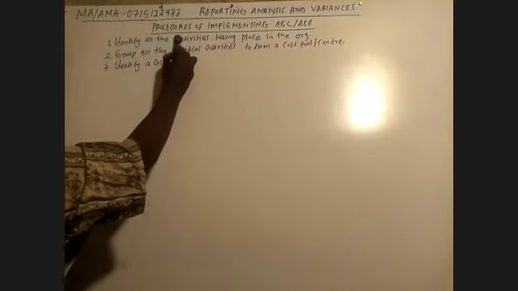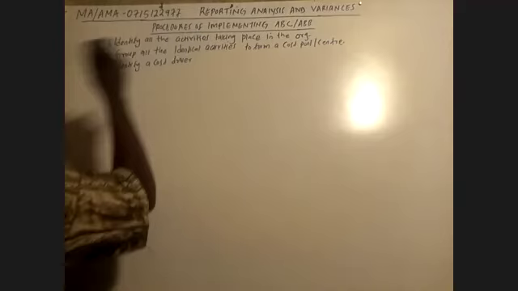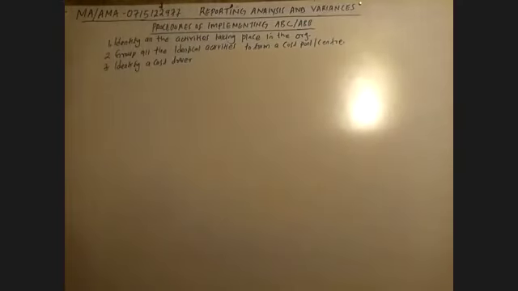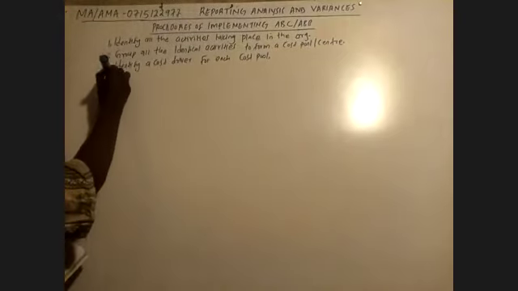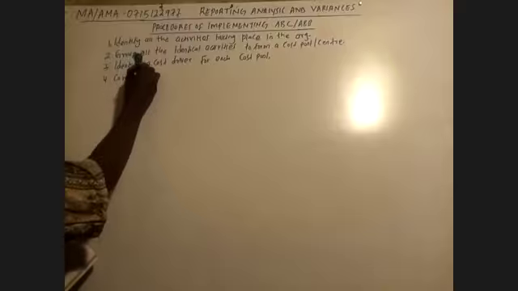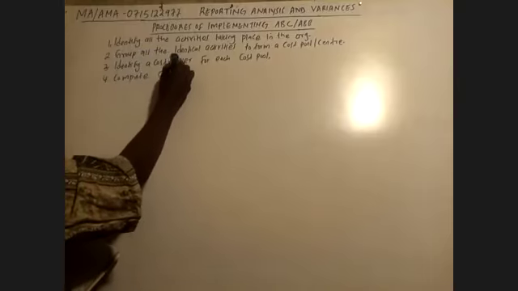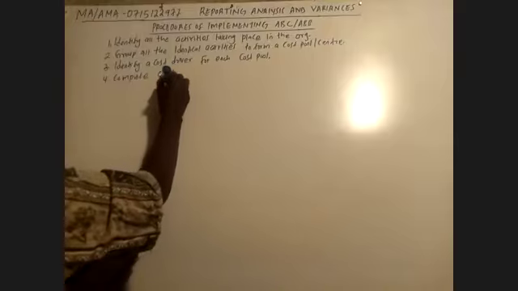Then after that, identify a cost driver for each cost pool. A cost driver is any item or activity which leads to cost. Then number four, compute the OAR.